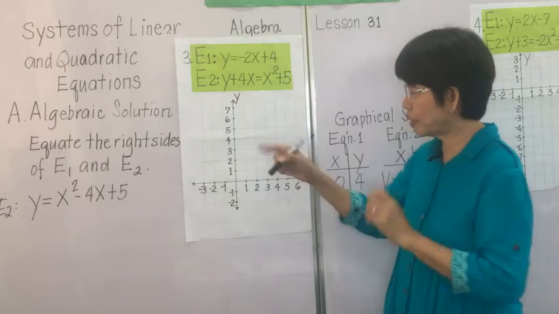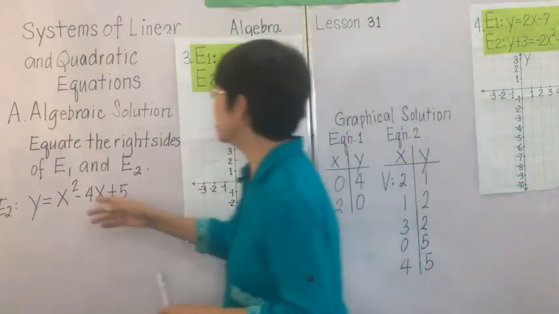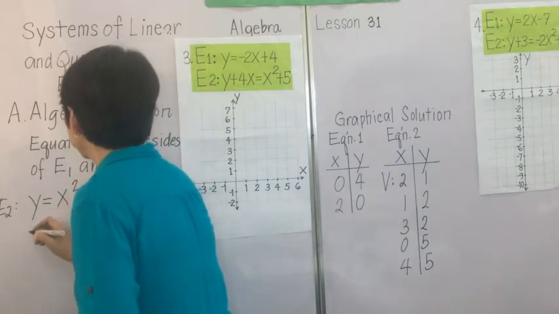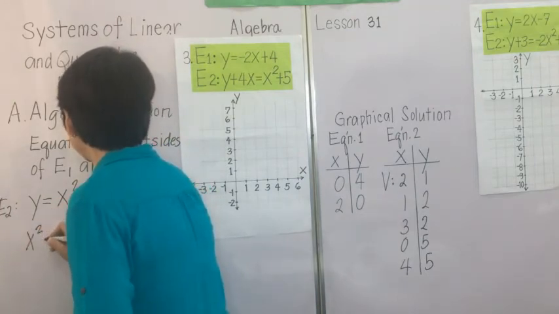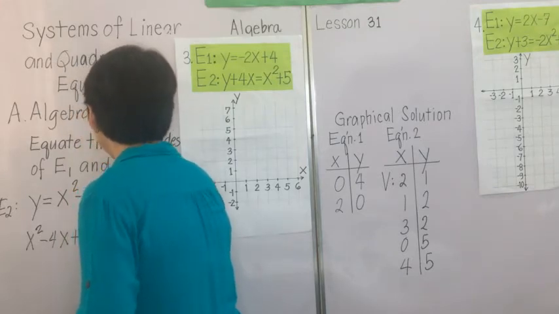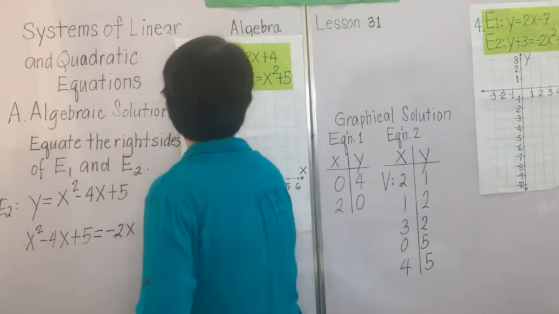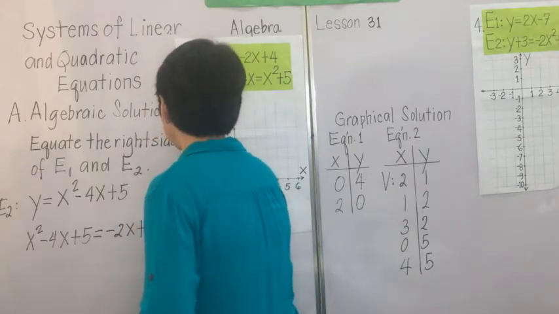And then we will equate the right sides of these two equations. So we'll start with x squared minus 4x plus 5 equals negative 2x plus 4.